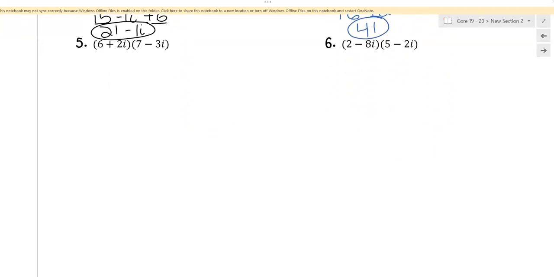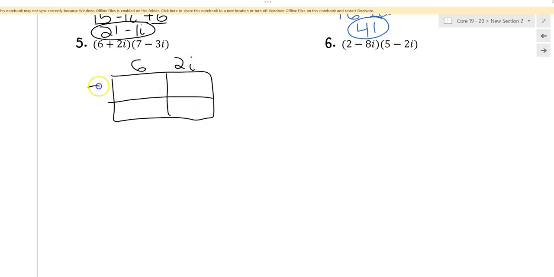Looking at our next thing, same type of problem. 6 plus 2i times 7 minus 3i. 7 times 6 is 42. 7 times 2 is 14i. Negative 3 times 6 is negative 18i. Negative 3 times 2 is negative 6. i times i is i squared. So 42.